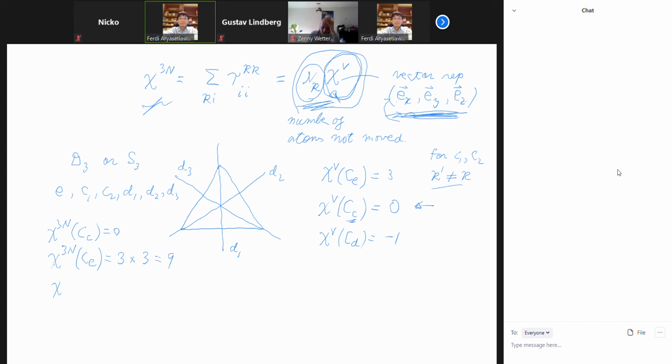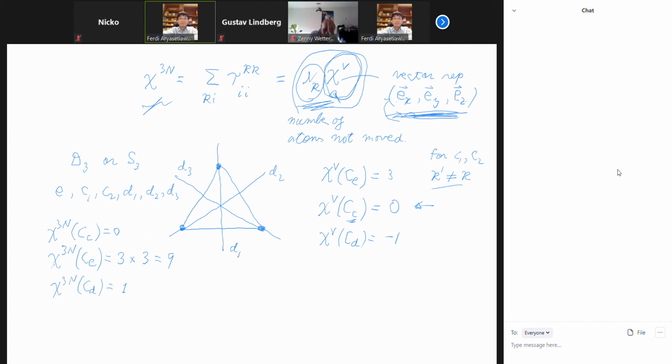And then for the D diagonal rotations, what do we have here? We have just then one atom, yes, because we take, for example, D1. So we look at this. These 3 atoms are located at the vertices.